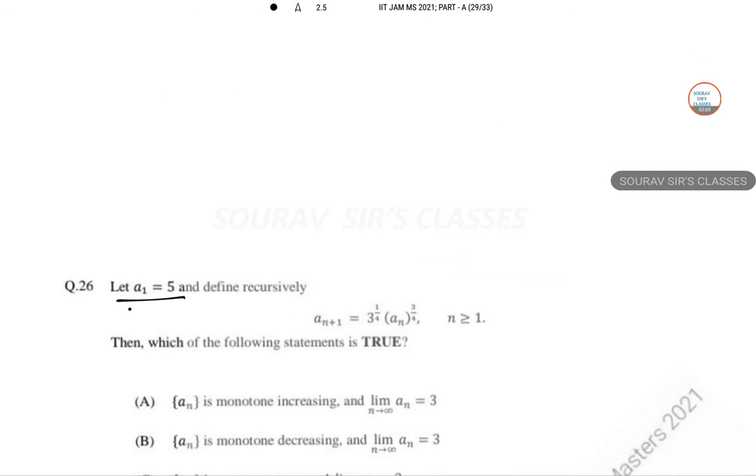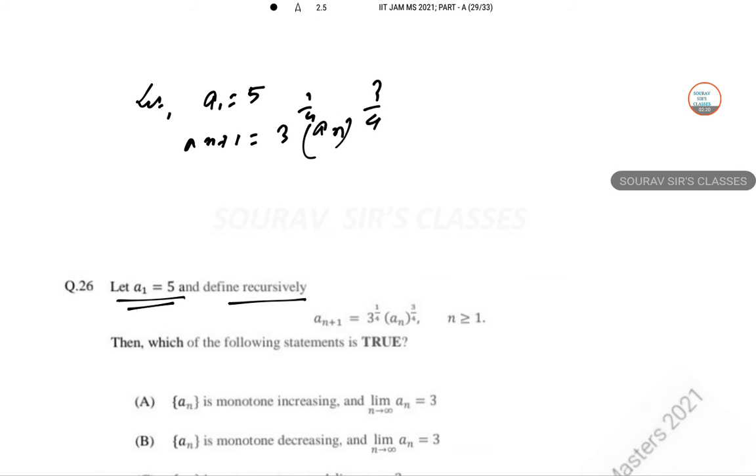Now in this question, a1 equals 5 and a(n+1) is defined in this way, then which of the following is true? So let a1 equal 5. So a(n+1) is 3 to the power 1 by 4, a(n) to the power 3 by 4, obviously for n greater than or equal to 1.